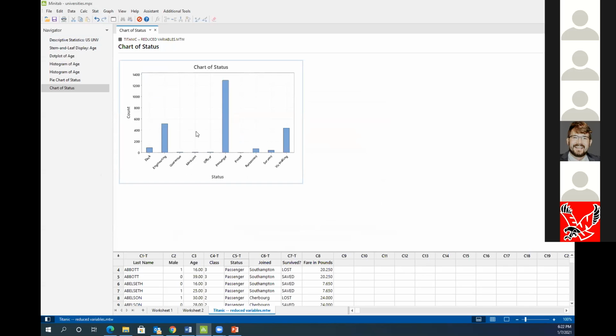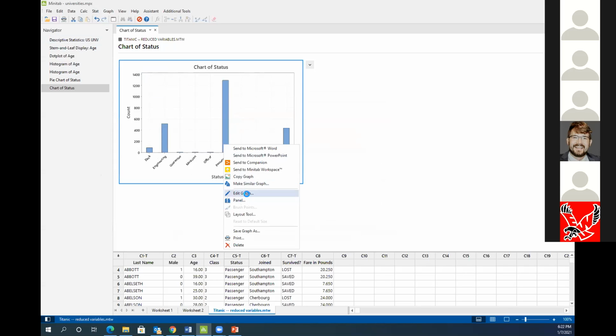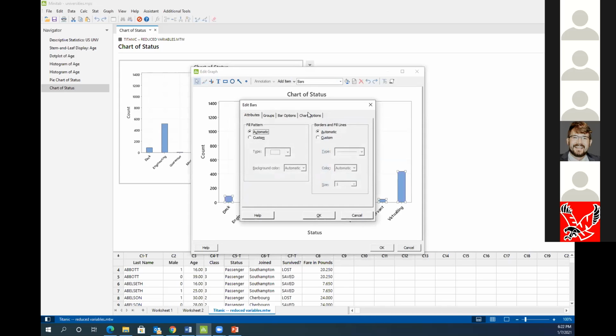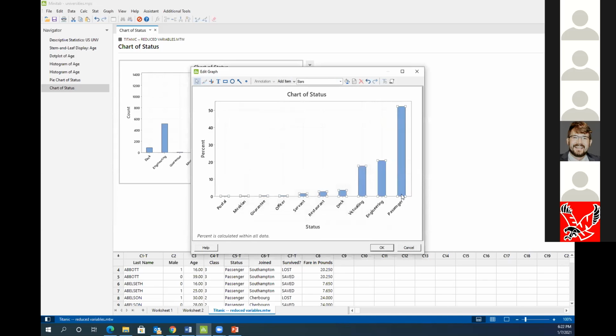However, I can make it more attractive with numbers, percentage and all. So I just right click here, edit graph, and I can do edit bars, chart options, increasing order. So Y as a percentage, and right here, add data labels.